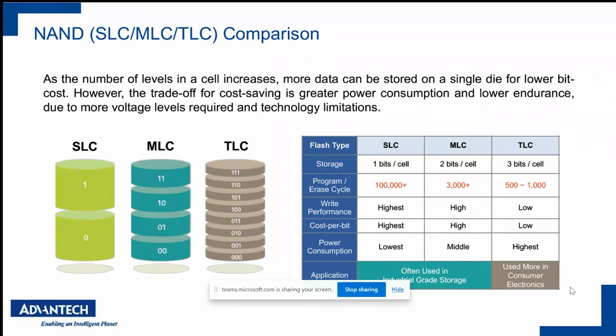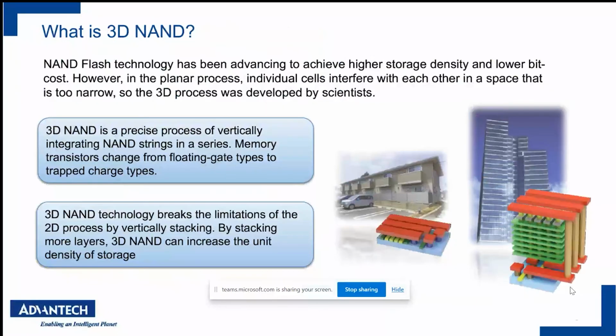As 2D TLC has a very low write cycle, it is targeted more for reading rather than writing. In fact, most consumer flash nowadays is in reality all TLC types. All right, this is 3D NAND.